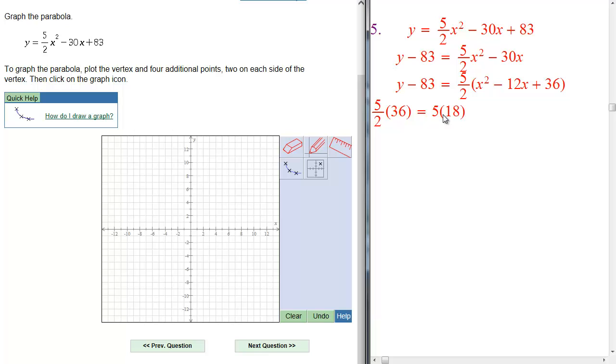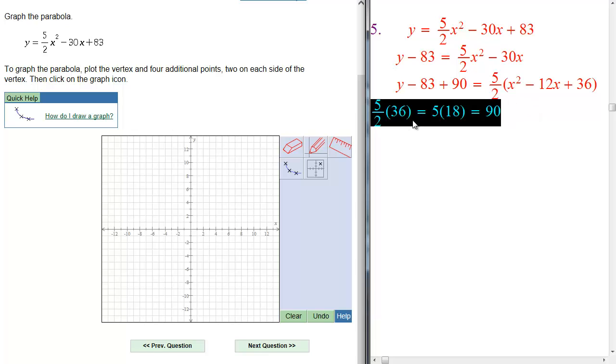Good. And then that will give you 5 times 18, which is really how much? 90. So we're really adding 90 to this side, which means that you have to add 90 here. So now you can finish the rest of it.